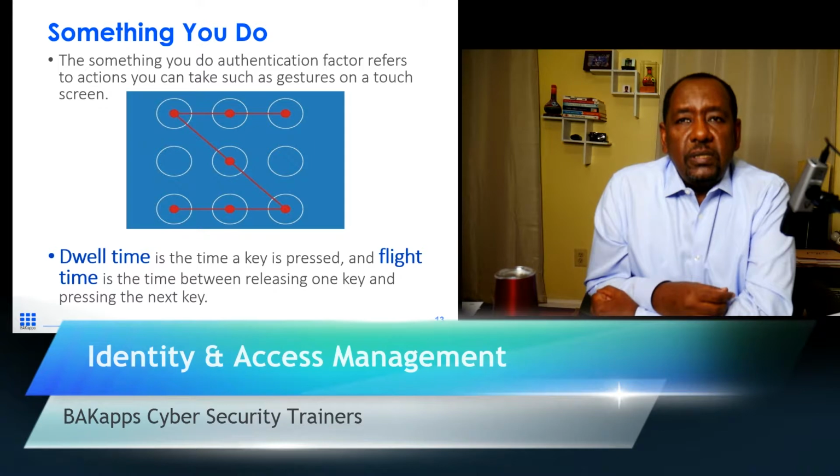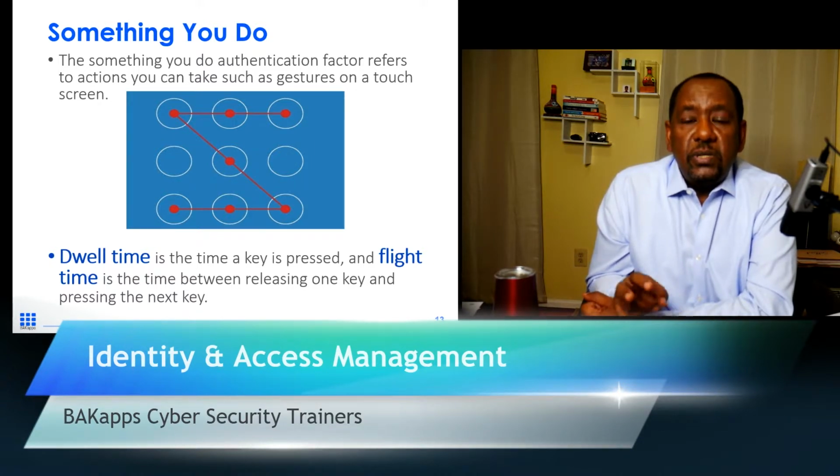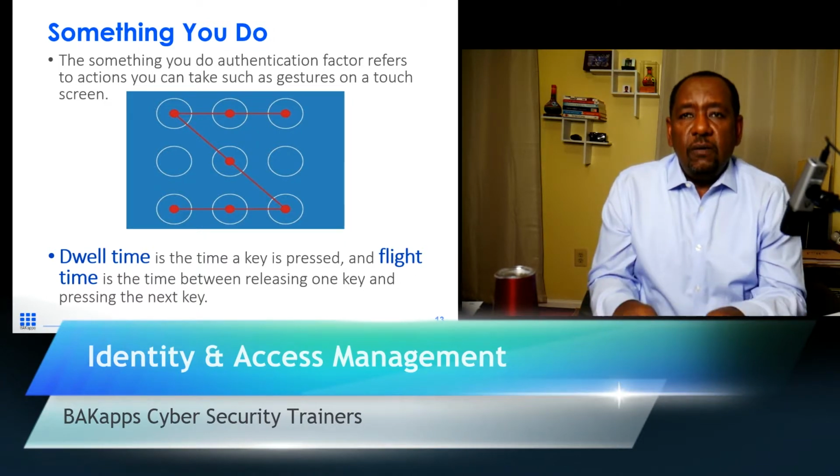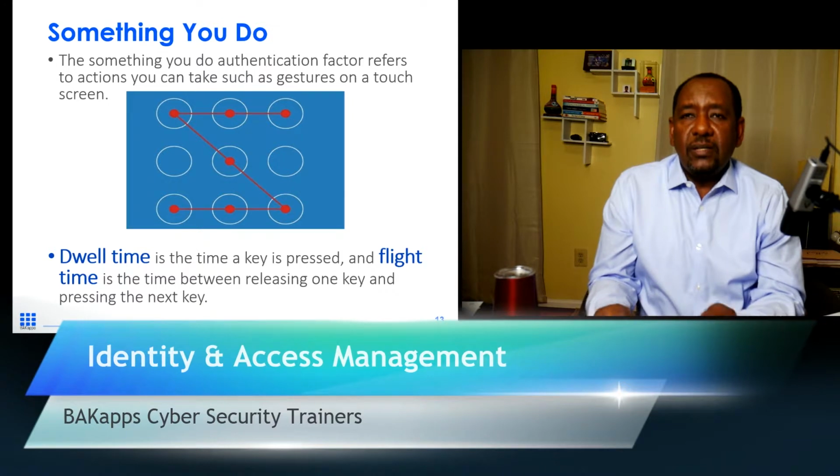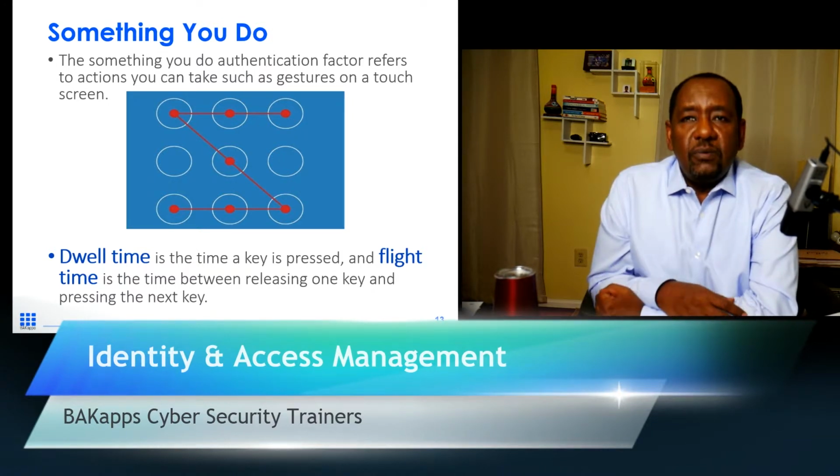If you are a typing student, they tell you your typing speed is 35, 36, 42, 45. So based on how fast you type on the keyboard, the system identifies who you are, and sometimes it locks the system. A suspicious user is sitting on the keyboard and it locks it.